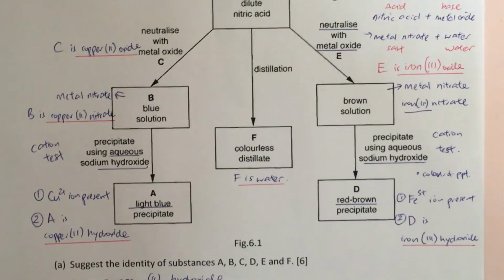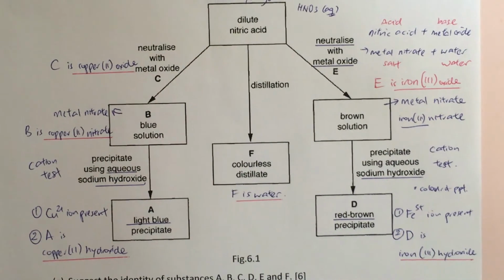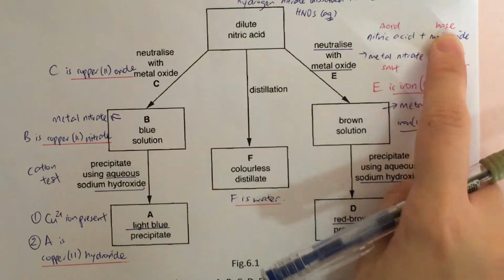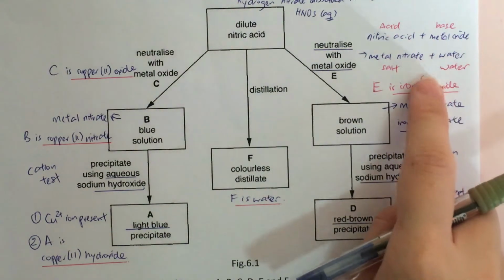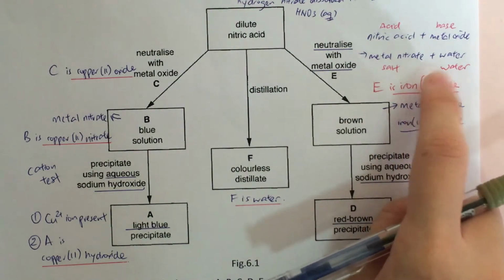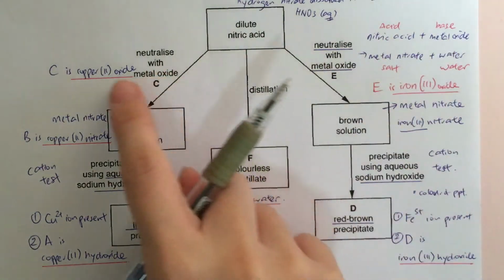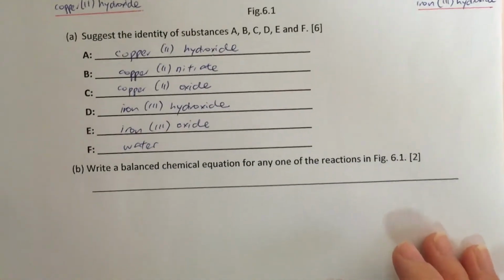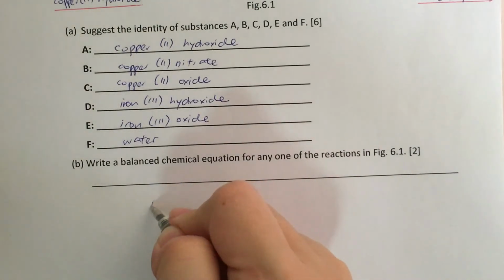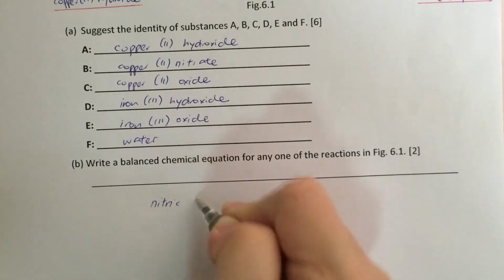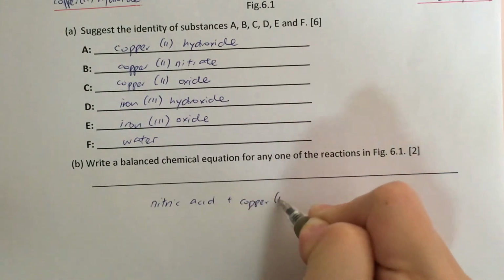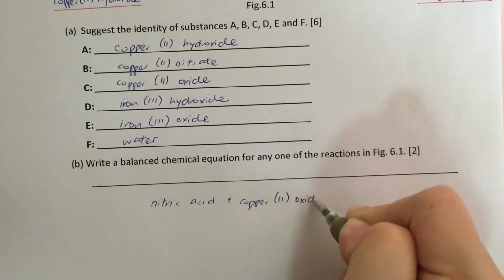So we're going to choose the one that we know best, which is acid plus base give us salt and water. And we're going to choose to do the one with copper 2 oxide because it's easier to get the chemical formula. So I always write the word equation down first so that I'm sure I do not miss out any products.